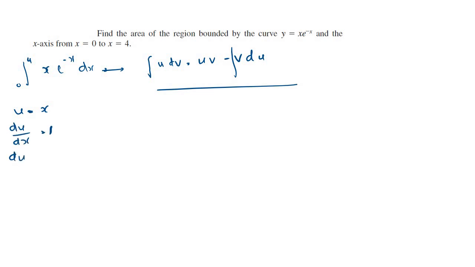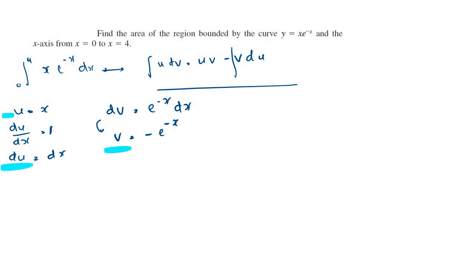So du is equal to dx. And we take dv as e to the power minus x dx. We integrate it, so we have v equals minus e to the power minus x. That's the integration.